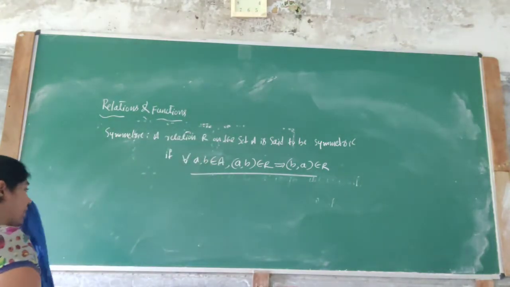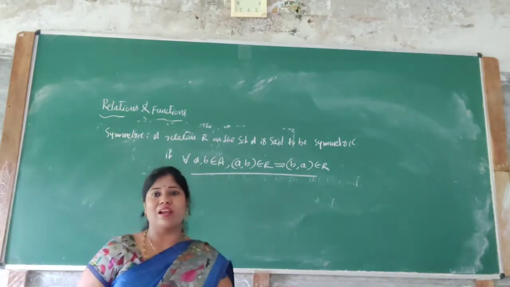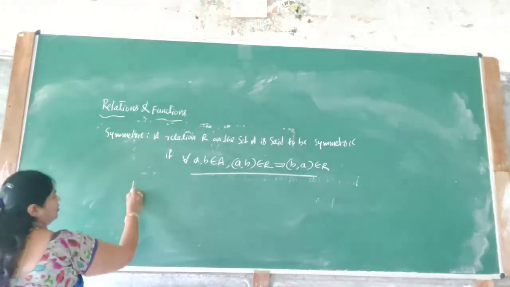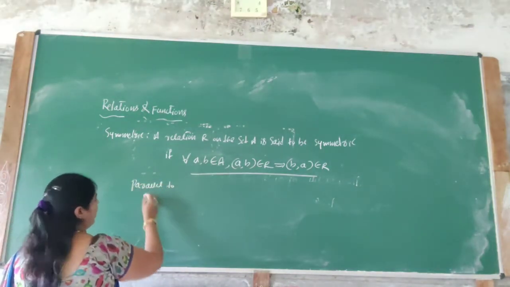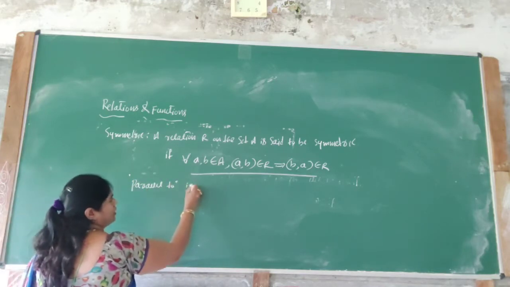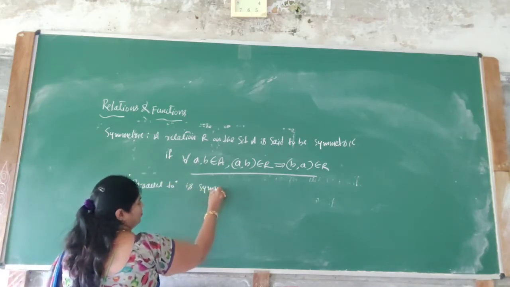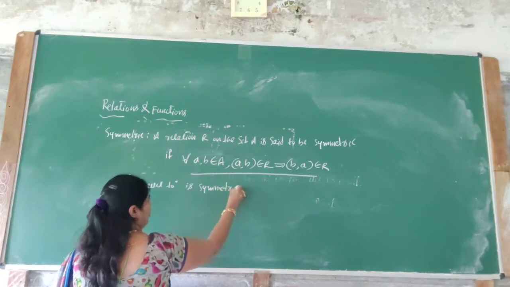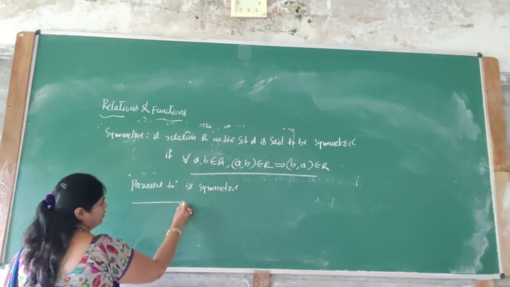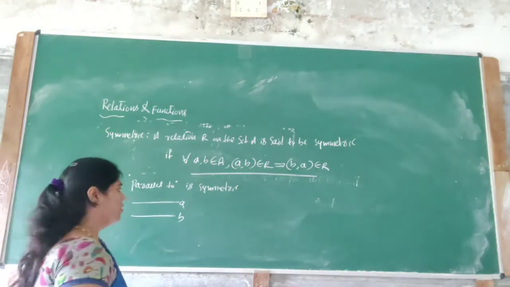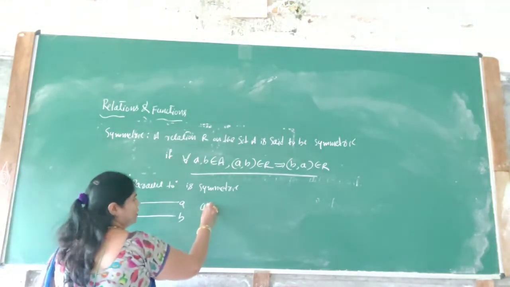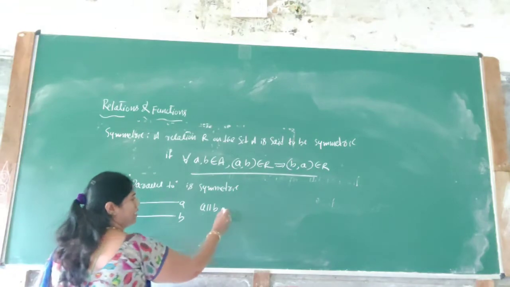Examples. Here also we can give parallel. Parallel to is symmetric. How is it symmetric? Consider two parallel lines. We can say that A is parallel to B, is it right?